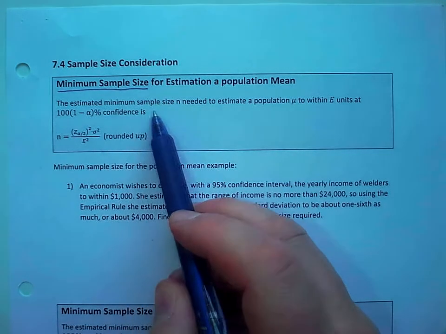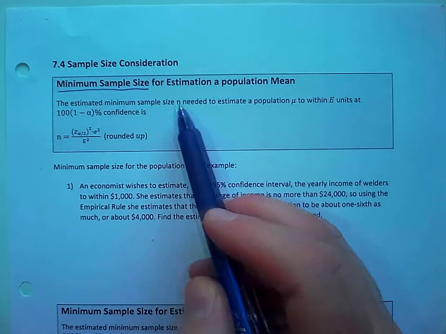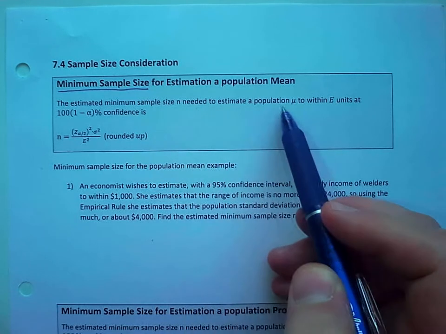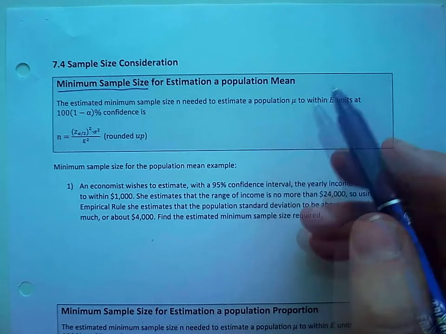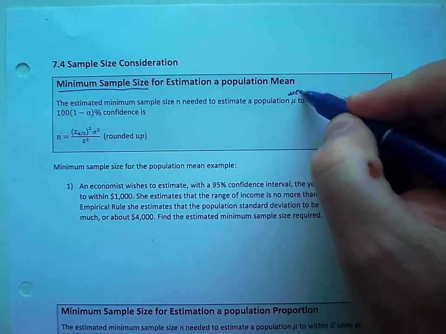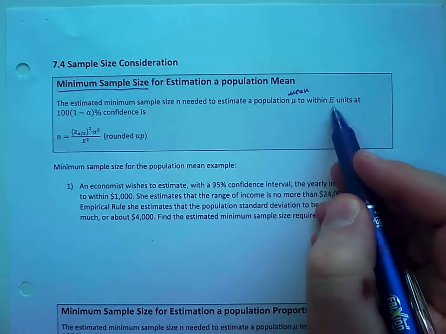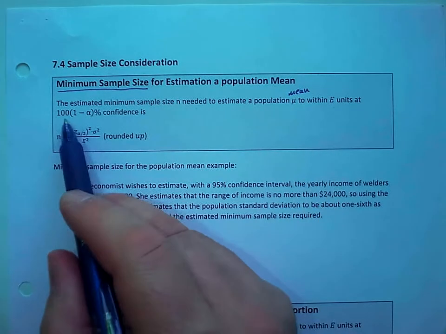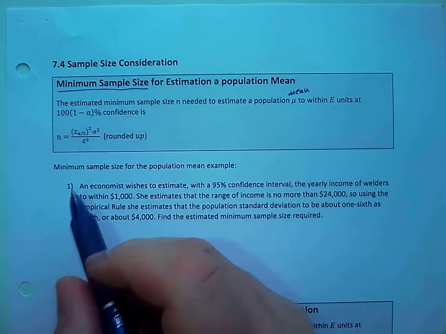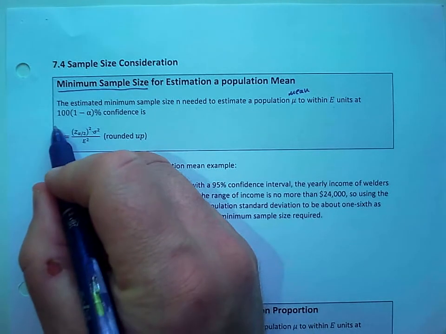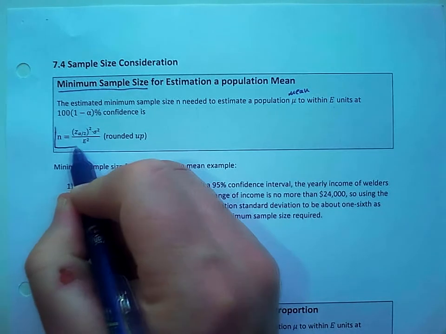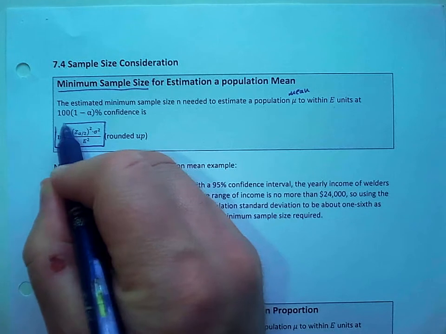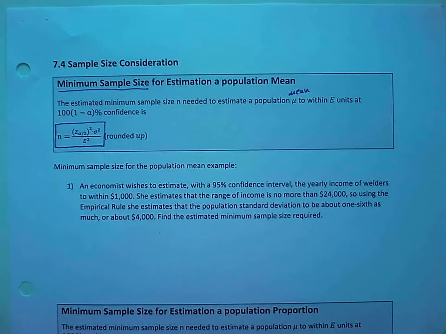It says the estimated minimum sample size n needed to estimate a population mean mu to within e units, or a margin of error, at a certain confidence level, is given by this formula right here. So this formula is really important.